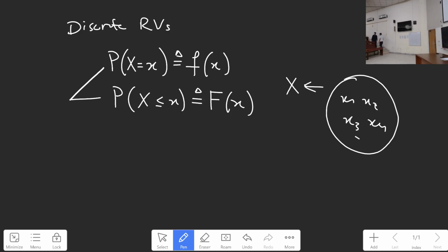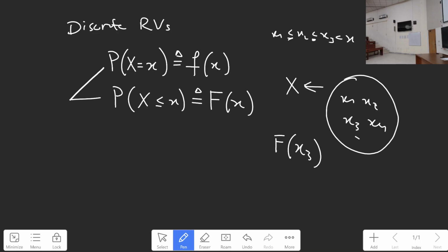So if we assume that these are in order, x1, x2, x3, x1 is smaller than x2 and x3, x4, then if I am talking about f of x3, assuming x1 is less than or equal to x2, less than or equal to x3, actually it shouldn't be equal in this case.